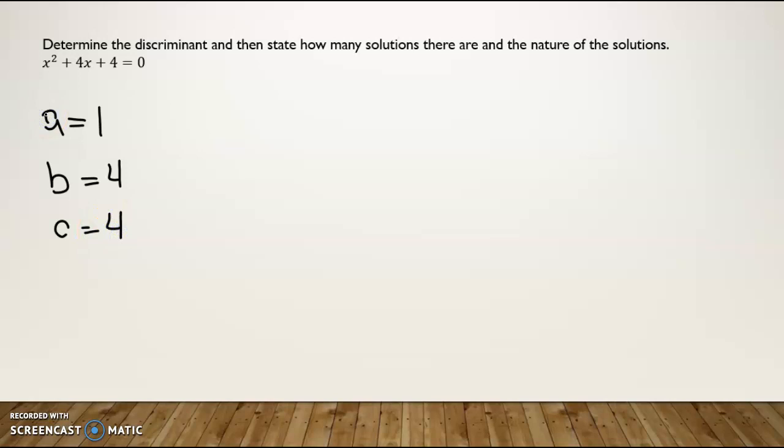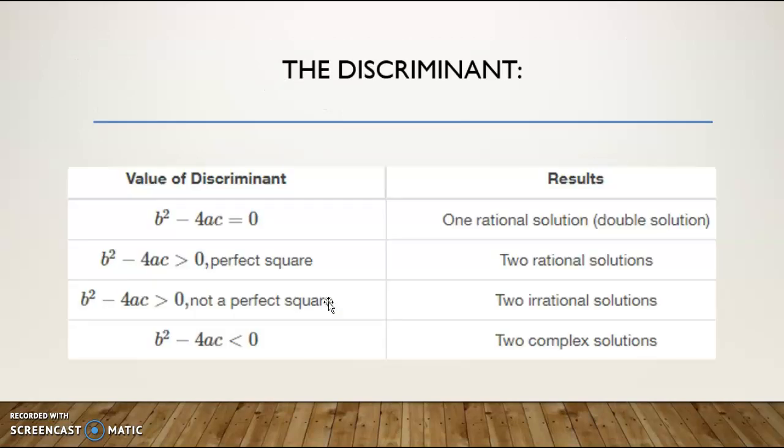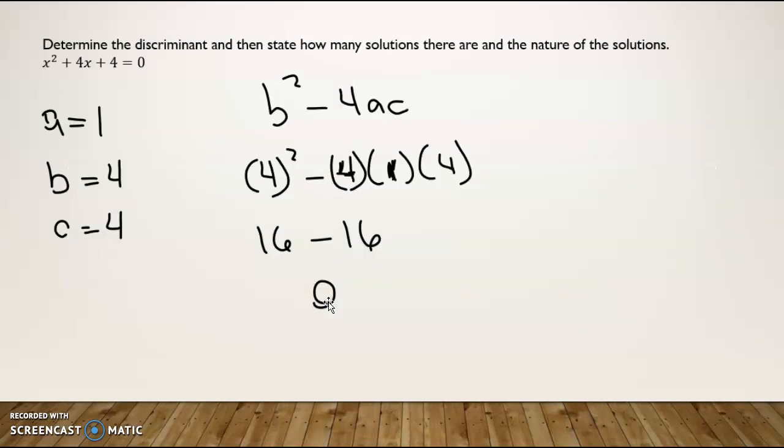Okay, so the discriminant is b squared minus 4ac. So 4 squared minus 4 times a, which is 1, and then c, which is 4. So we got 16 minus 4 times 4 is 16. So hey, we get 0. So that means we have one rational solution.